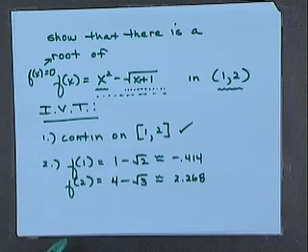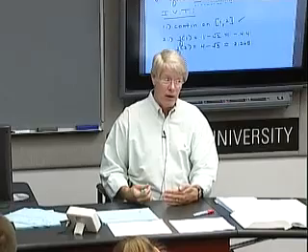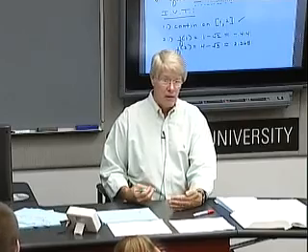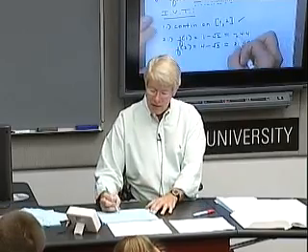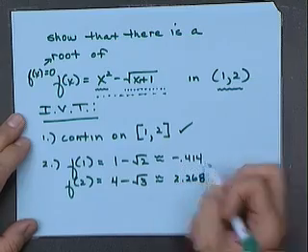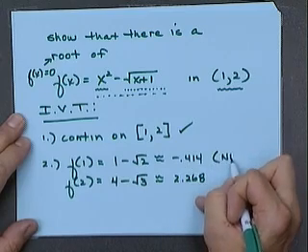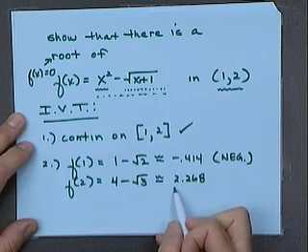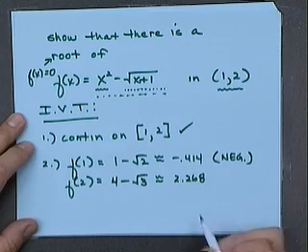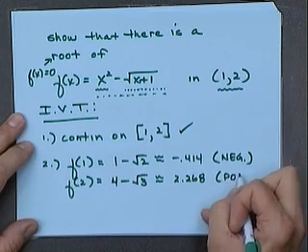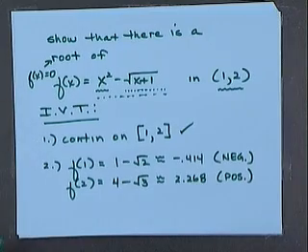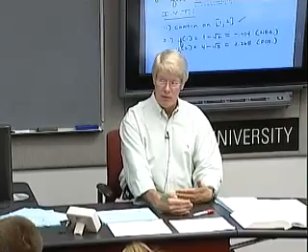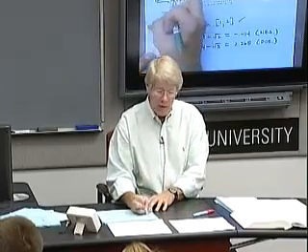Is this helpful? Are we going to be able to come to a conclusion here? The important thing is not that this is negative 0.414, but that it's negative. And not that this is positive 2.268, but rather that it's positive. Because what very conveniently is positioned between negative and positive numbers? 0, and that's what we want.